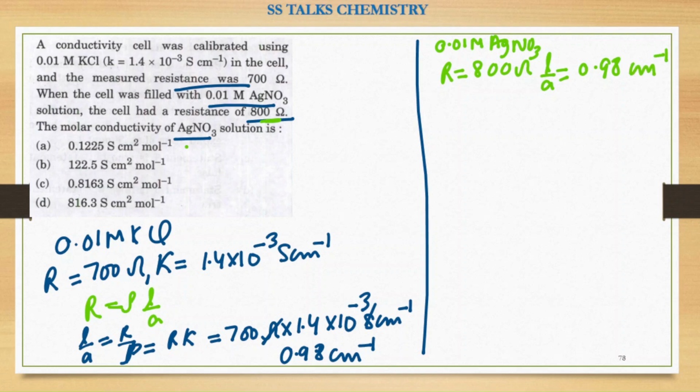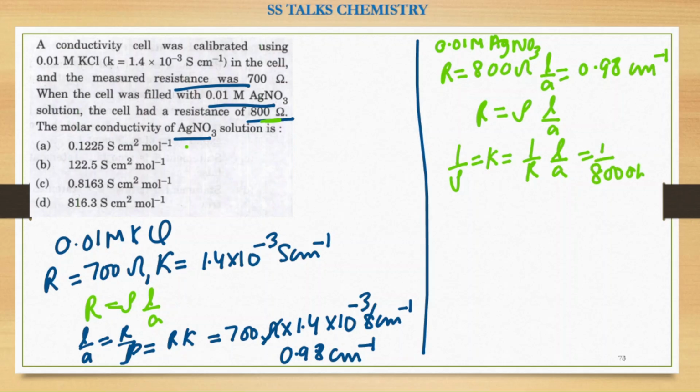So R is equal to rho L by A, 1 by rho, which is nothing but kappa. This is going to be 1 by R into the cell constant. So this is 1 by 800 ohms, and the cell constant 0.98 centimeter inverse. So the value you will be getting is 0.001225 ohm inverse centimeter inverse. This is going to be the kappa value.